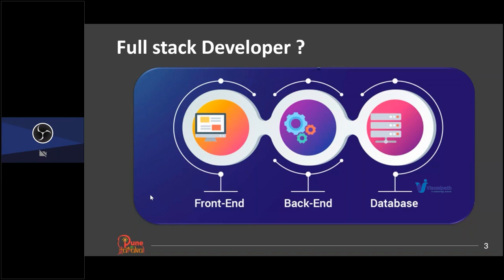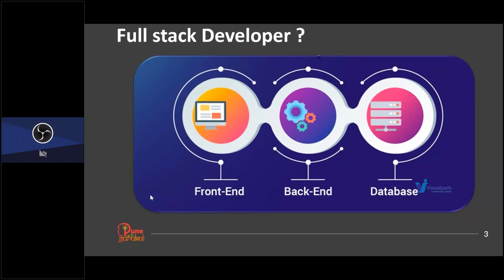More or less, full stack developers are not doing all the work. They keep working 90% on front end, but there is still 10% backend that they need to do. Good thing is that nowadays, because of JavaScript, it has become a little easier for developers to code in front end as well as in back end.